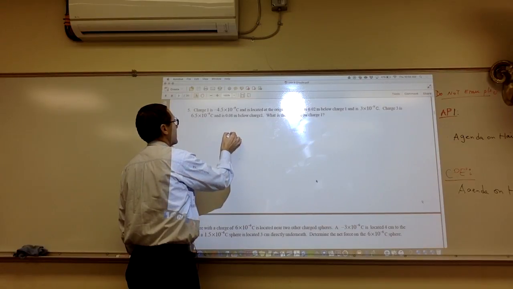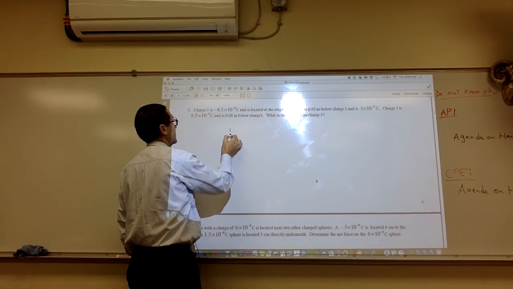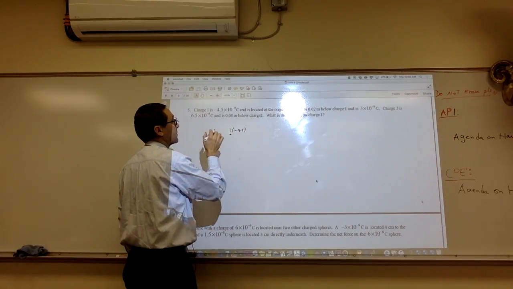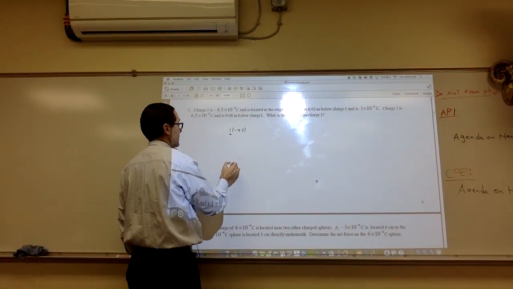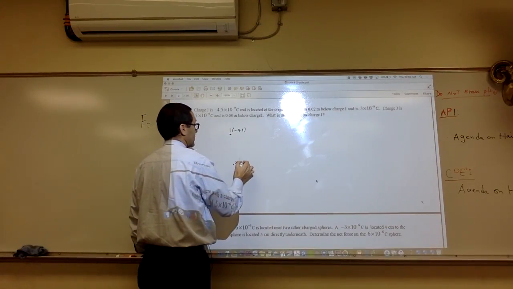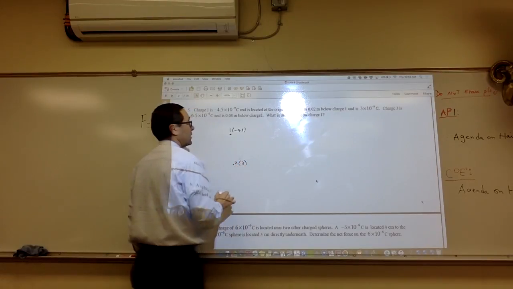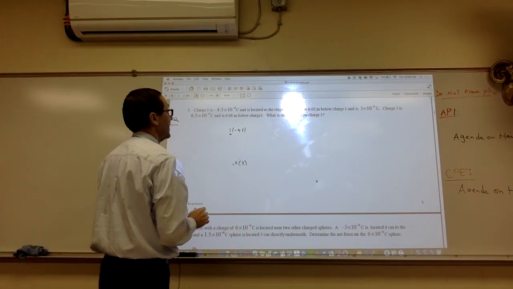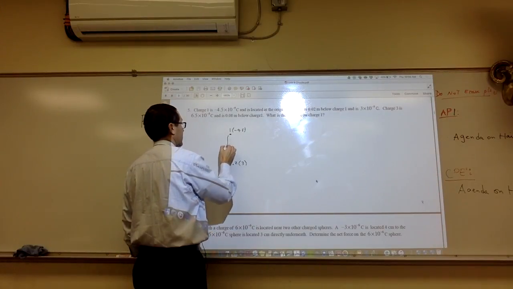So here's charge 1, which is negative 4.5 nano. Charge 2 is here, and it's 3 nano, right? Charge 3 is located 0.08 away, so let me label this here.